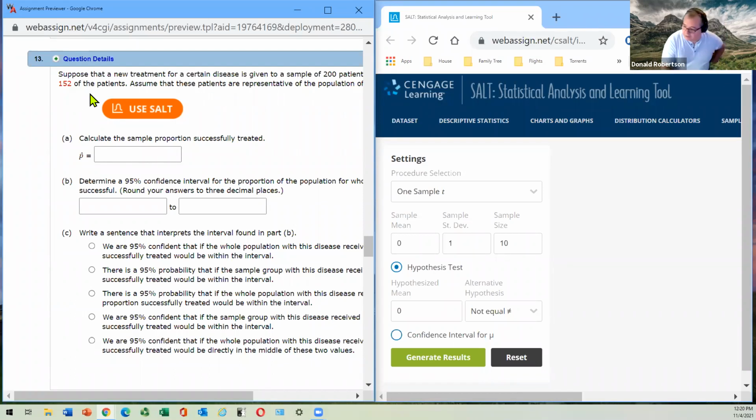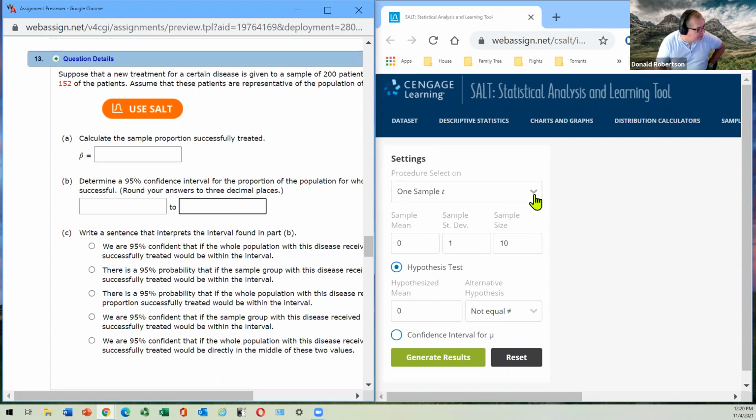Kind of like the question I just did. Assume that these patients are representative of the population that has that disease. That seems reasonable. And it asks us to calculate p-hat and a 95% confidence interval, and then write a sentence connected with what that confidence interval does, right? So it's got the same theme that I've got.